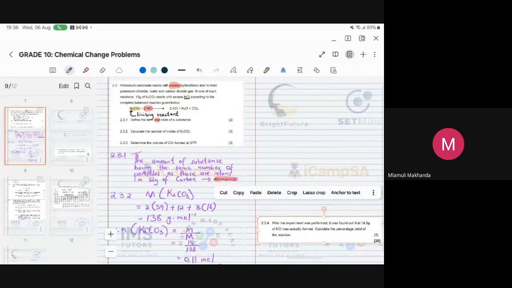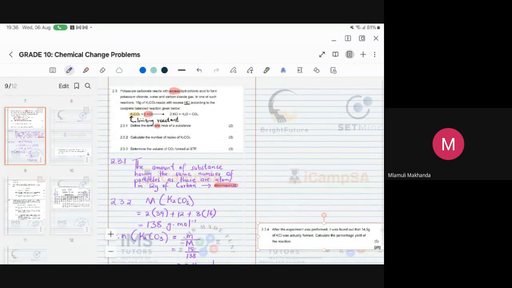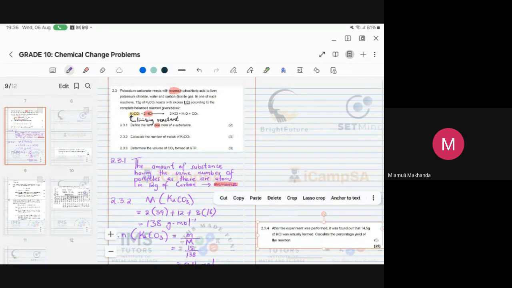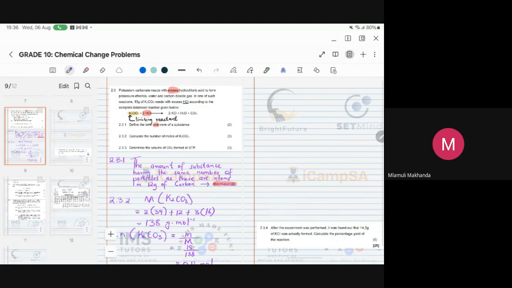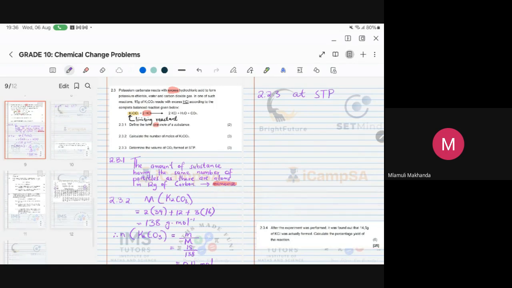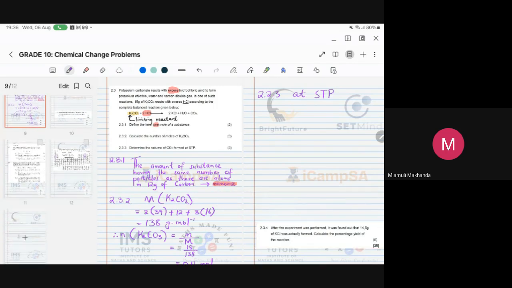Now, let us determine the volume of carbon dioxide formed at STP. 2 points. Remember, at STP, we have conditions. These will be given to you in the formula sheet. One condition that we have is the molar gas volume, Vm, is about 22.4 cubic decimeters.